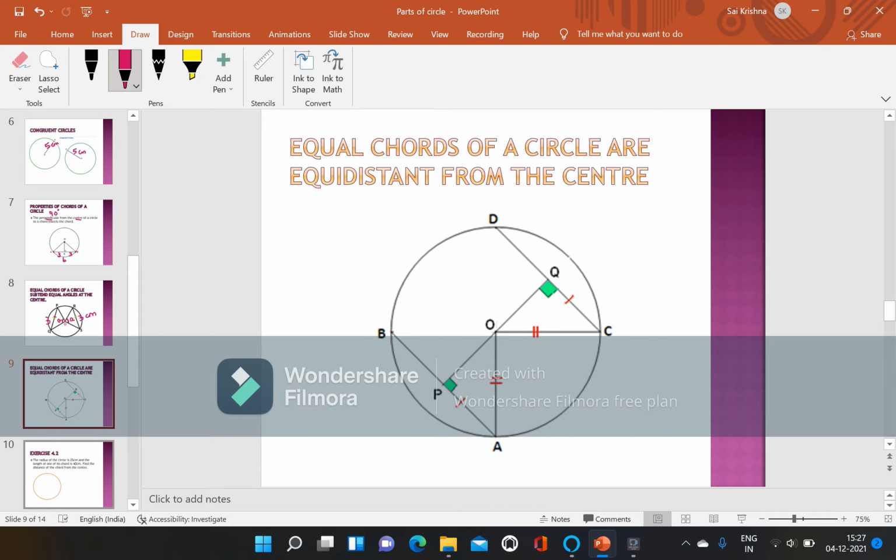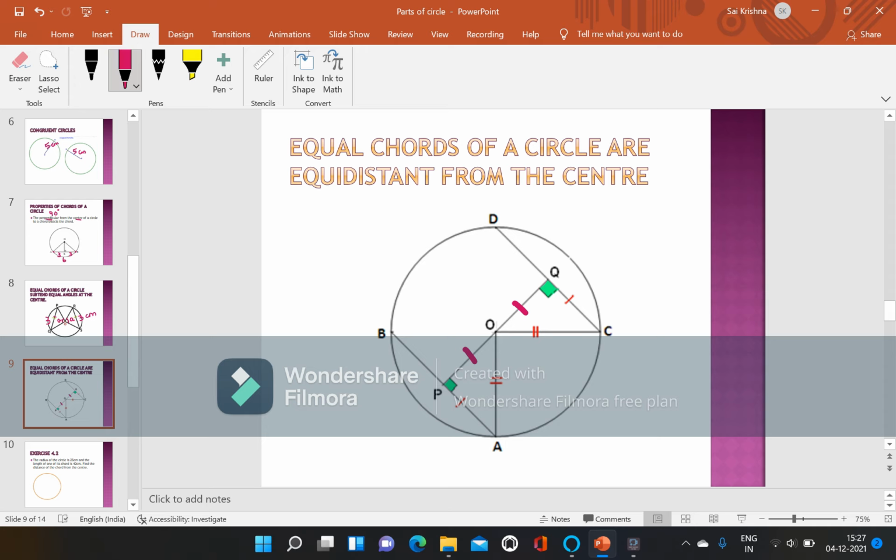And the third one is: equal chords of a circle are equidistant from the center. That means if we have 2 chords AB and CD of equal length, and when we join them to the center, this OP will be equal to OQ. Why? This AB and OP are perpendicular.